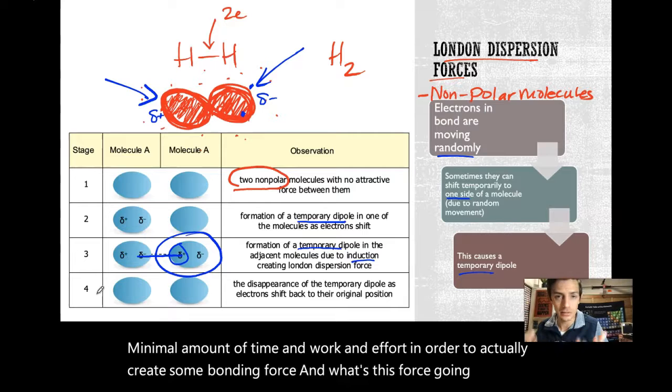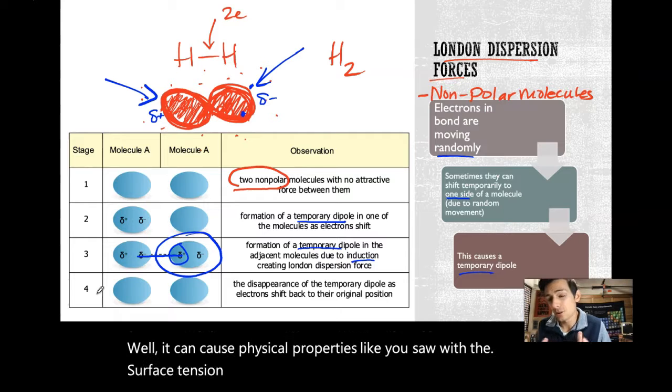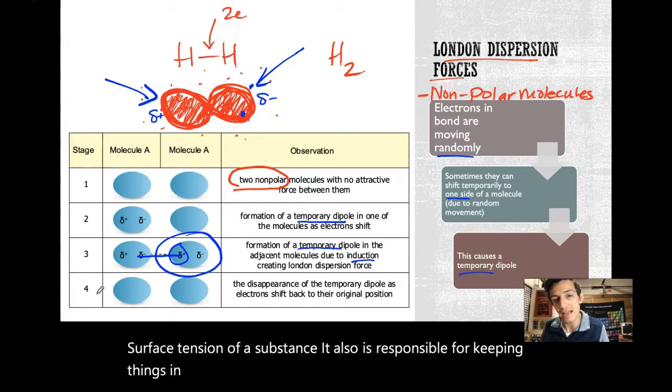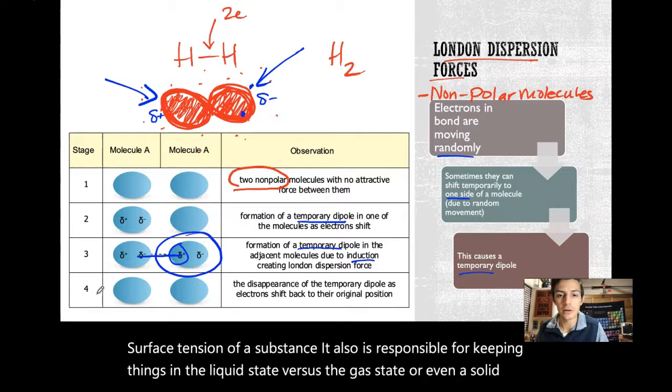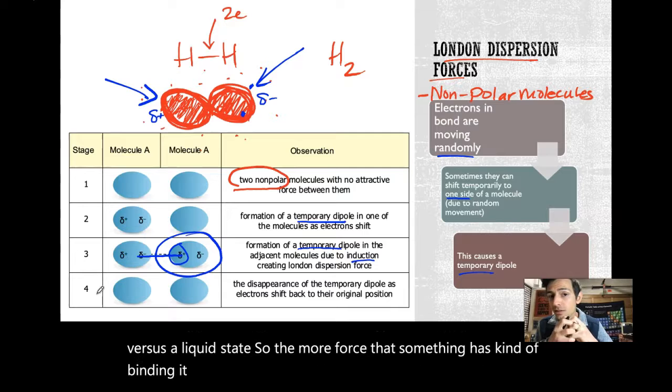Well, it can cause physical properties like you saw with the surface tension of a substance. It also is responsible for keeping things in the liquid state versus the gas state, or even a solid state versus a liquid state. So the more force that something has binding it together, the harder it is for its molecules to slip apart and move around.